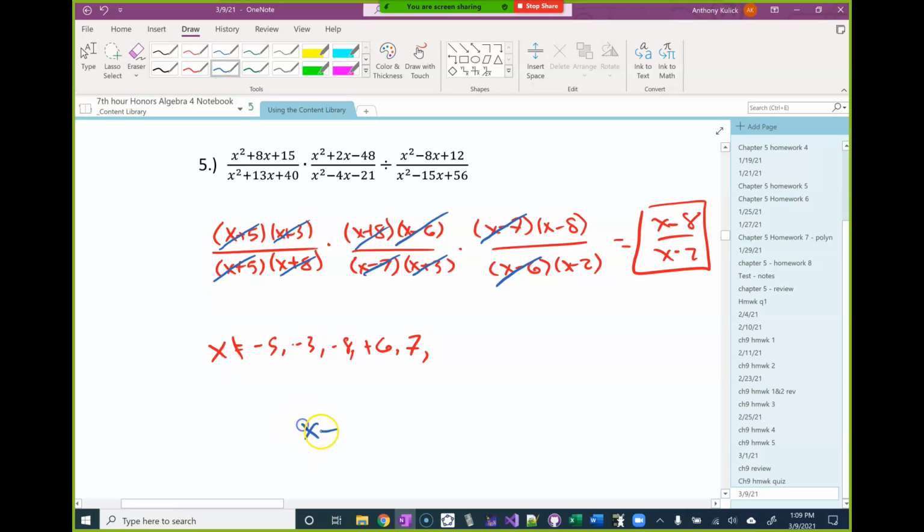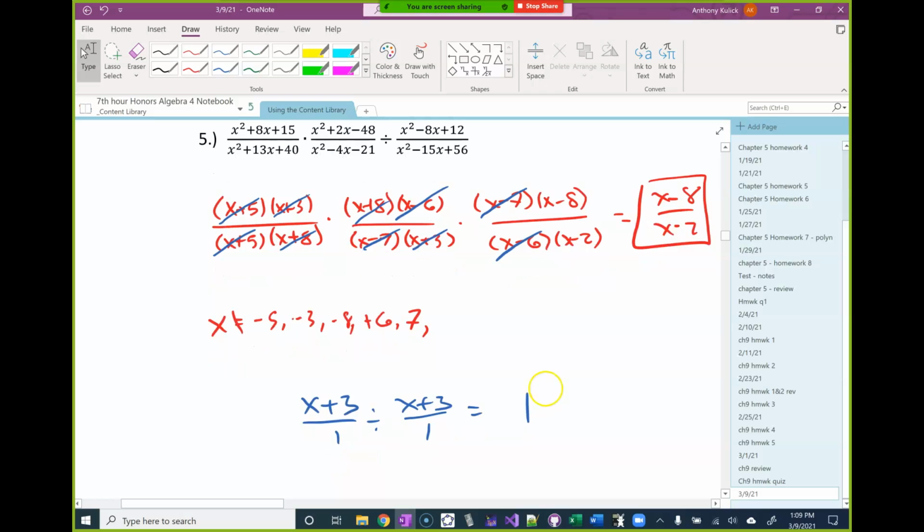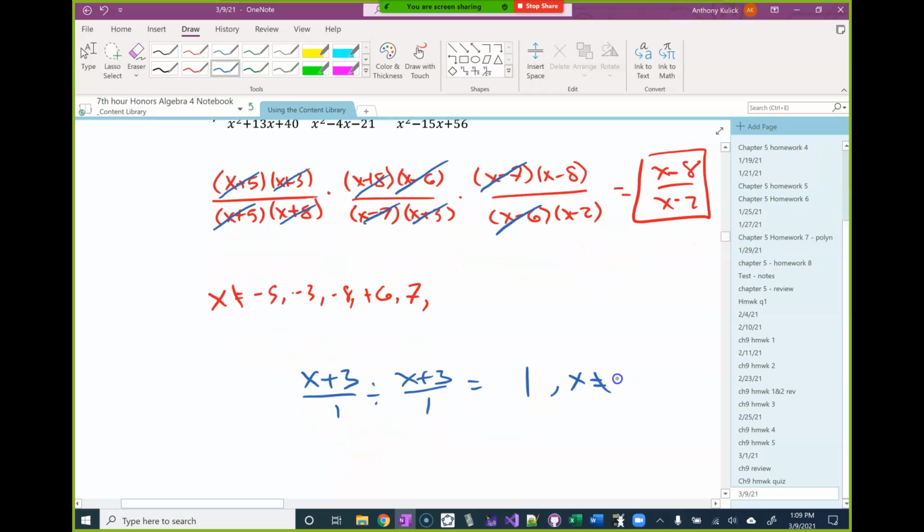So this is clearly just going to be 1, right? But it still has the restriction that x cannot equal negative 3 because if x plus 3 is 0, or if x equals negative 3, this whole thing becomes 0, and then we're dividing by 0, even though it was in the numerator of the original thing.